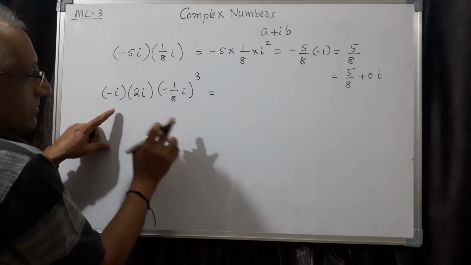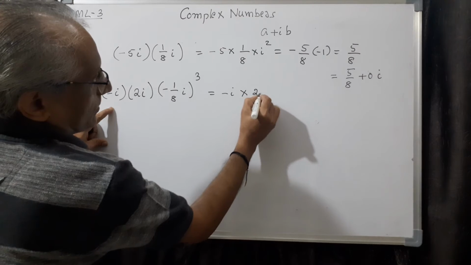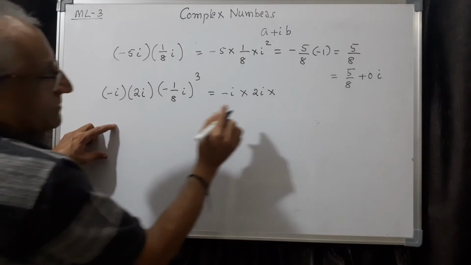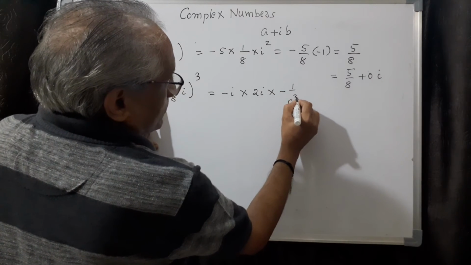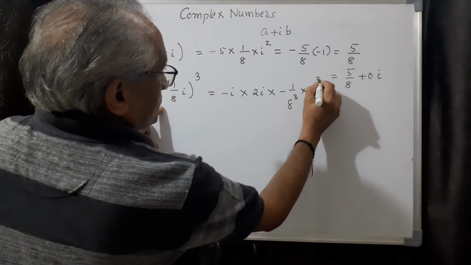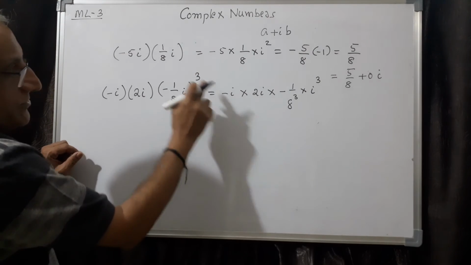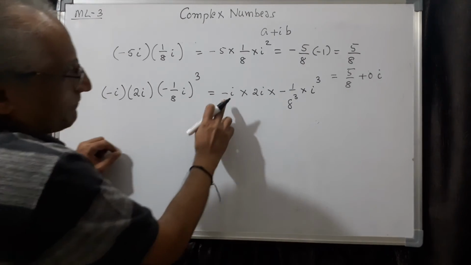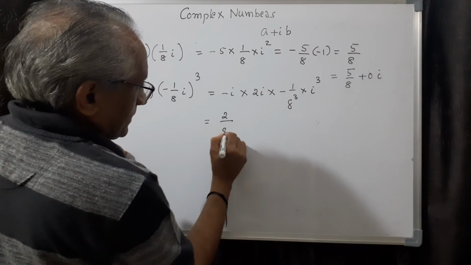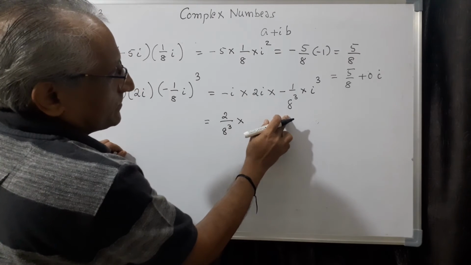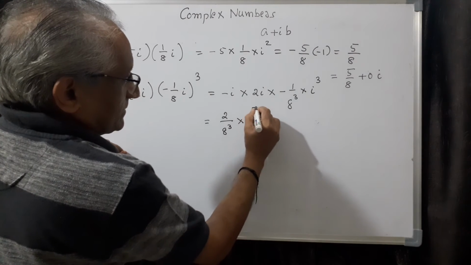So here also, first you simplify this one. Minus i into 2i into the cube of this one will definitely be negative: minus into minus into minus, 1 by 8 cube, then i cube. So this will be equal to, minus of minus once again becomes plus, 2 by 8 cube, and here i power 5 actually.